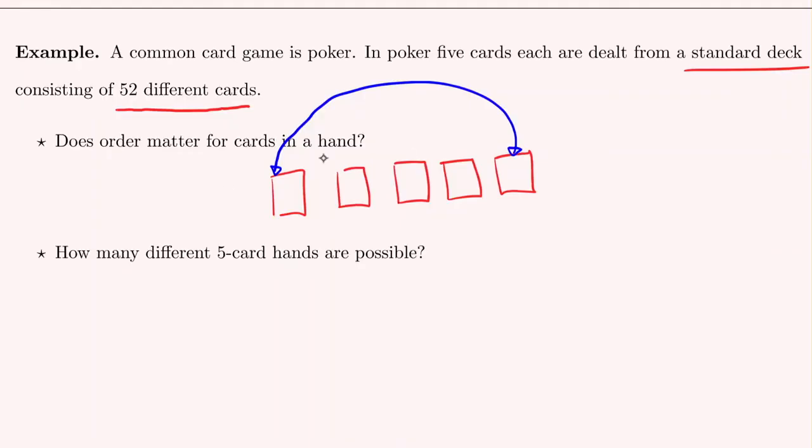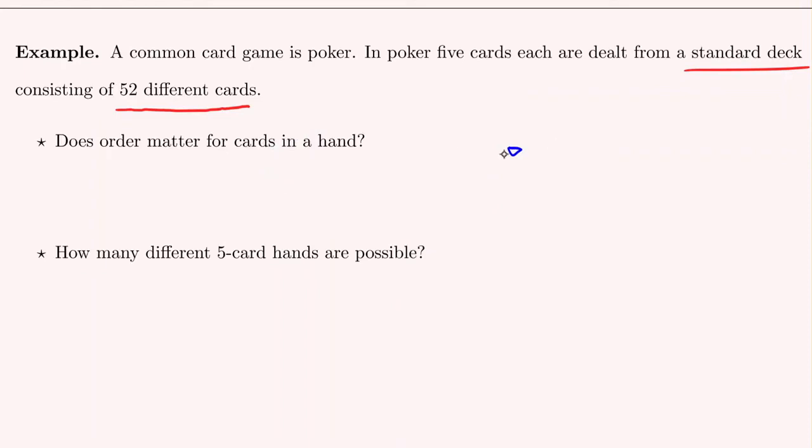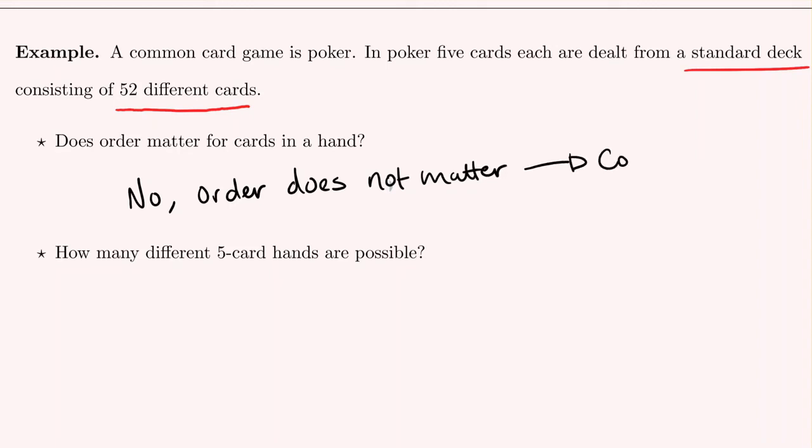So to answer this question, if the cards are already in your hand, does the order matter? No. Order does not matter, because I still have the same 5 cards. And since order does not matter, that makes me think of the combination formula when dealing with cards.